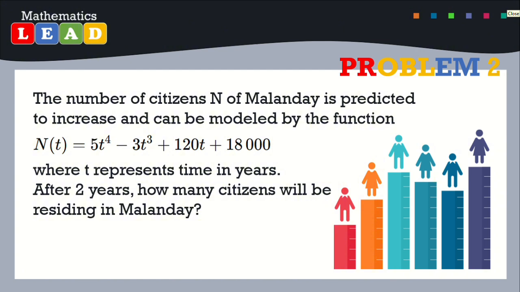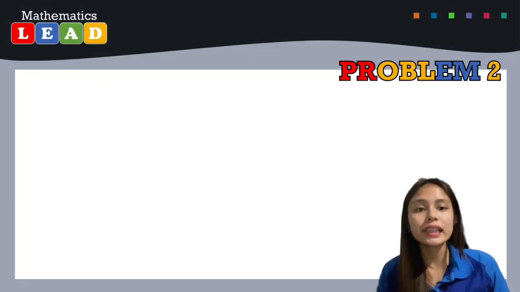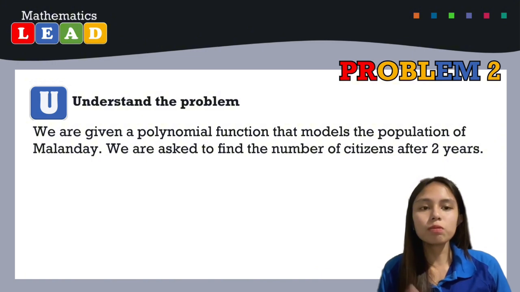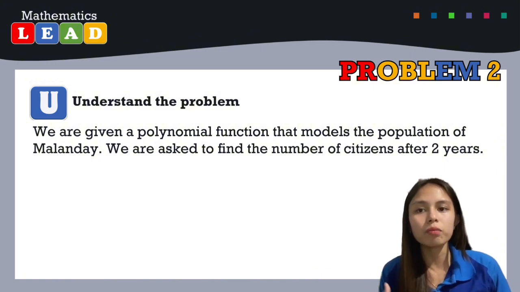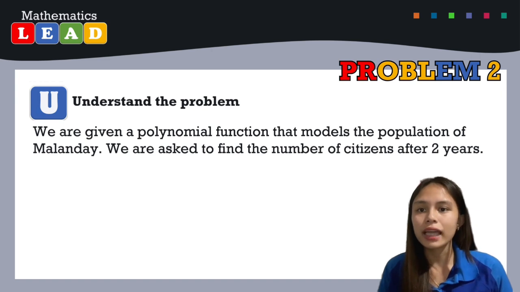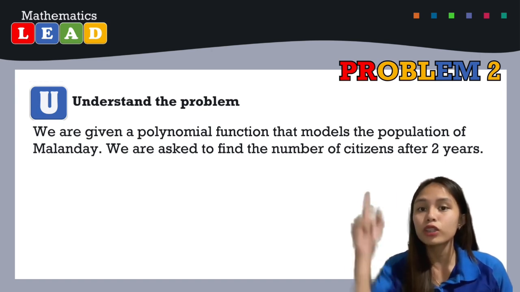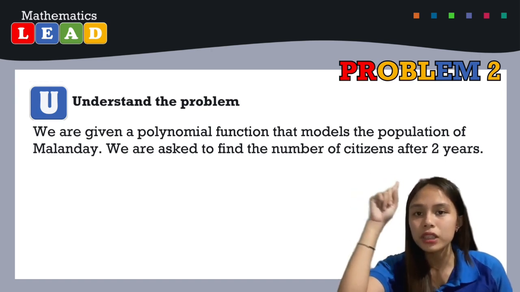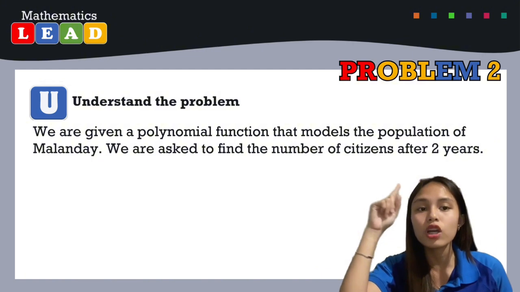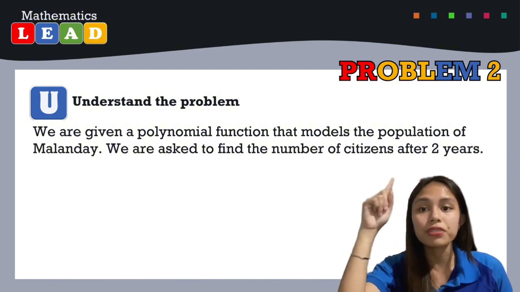And we are asked to find, after 2 years, how many citizens will be residing in Malanday. So the first task that we're going to do is to understand the problem. In this problem, we are given a polynomial function that models the population of Malanday. We are tasked to find the number of citizens after 2 years.